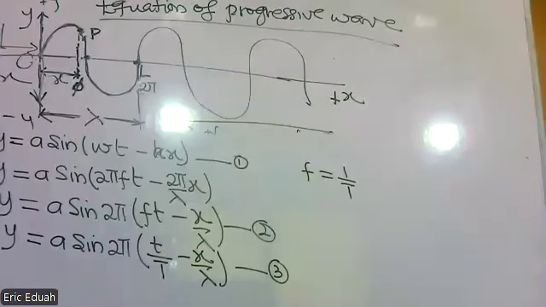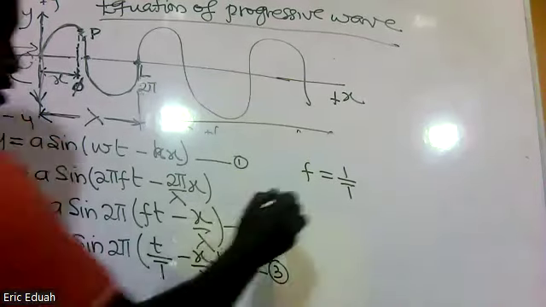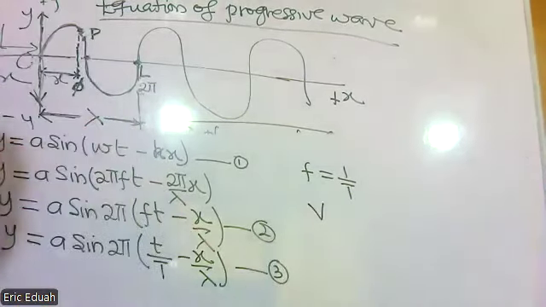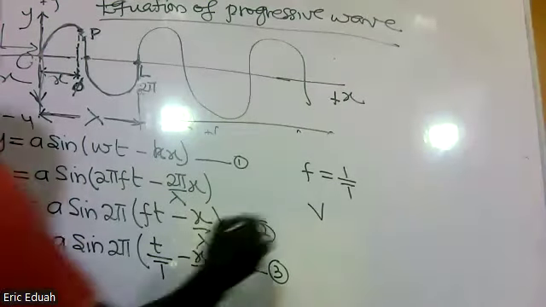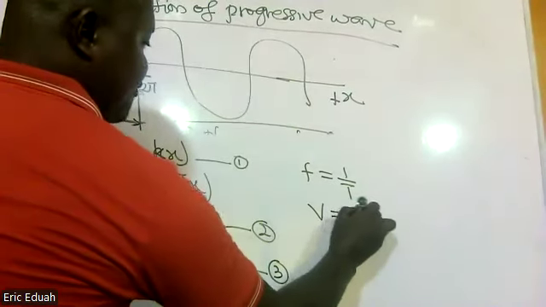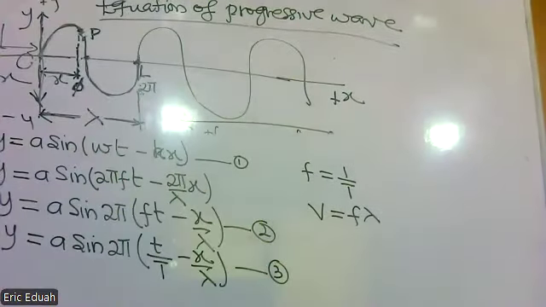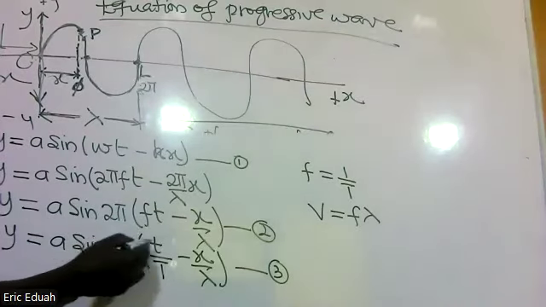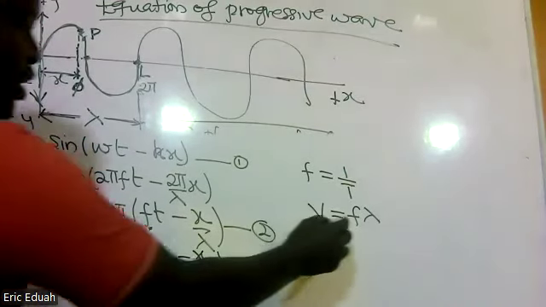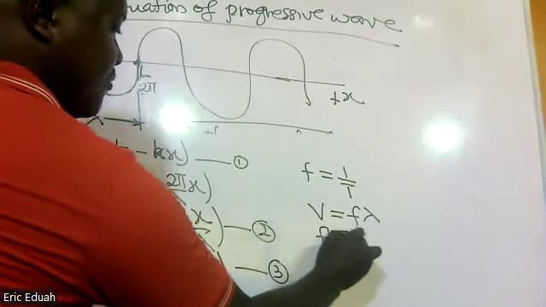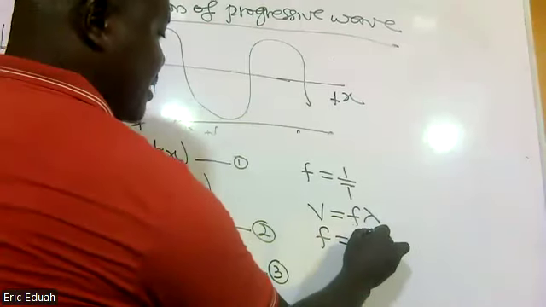Then the next thing is that the velocity, the speed of a wave, is given by f lambda. We want to substitute f here. When we make f the subject, we have v over lambda.